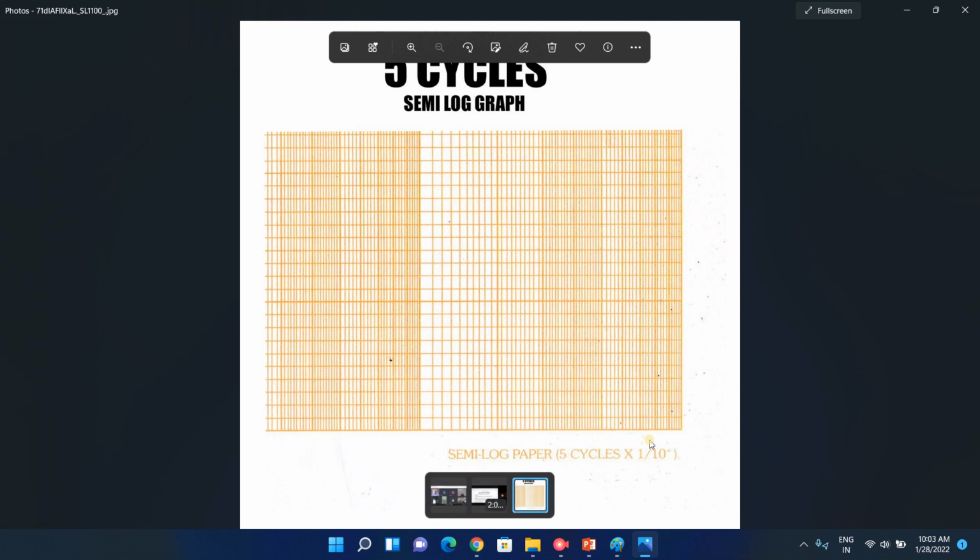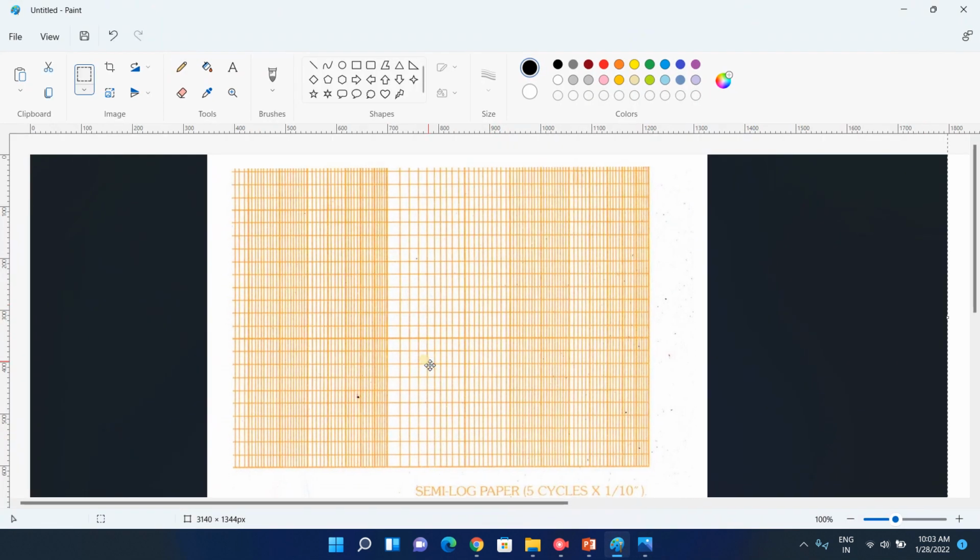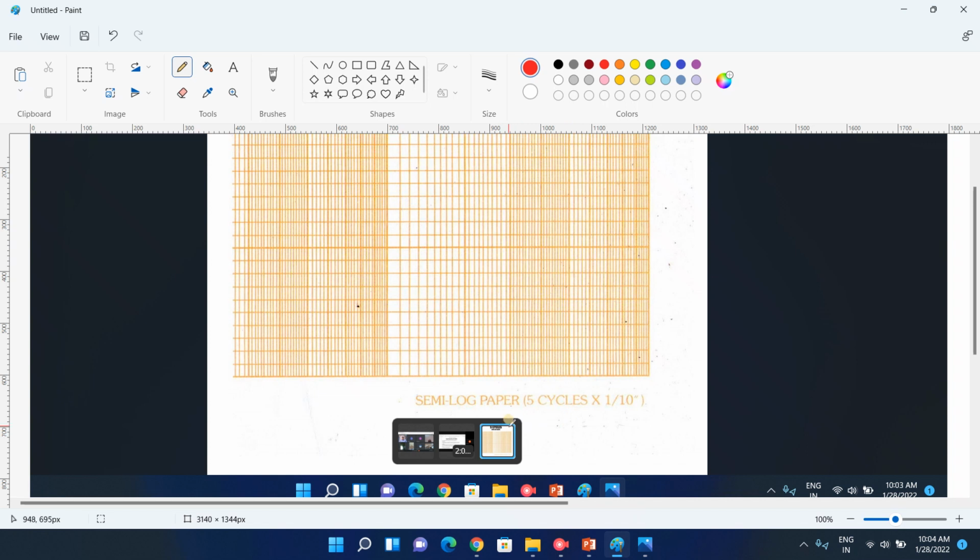This is a semi-log paper. Now there are different types of semi-log paper available in the market, but we have to use a 5-cycle semi-log paper. What is 5-cycle?